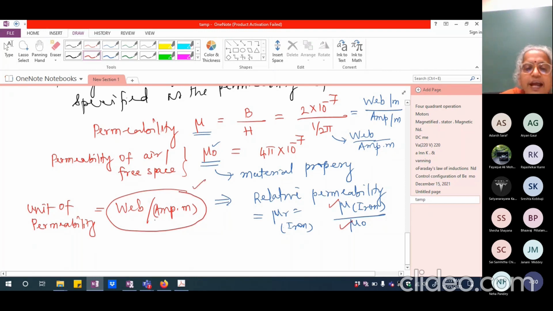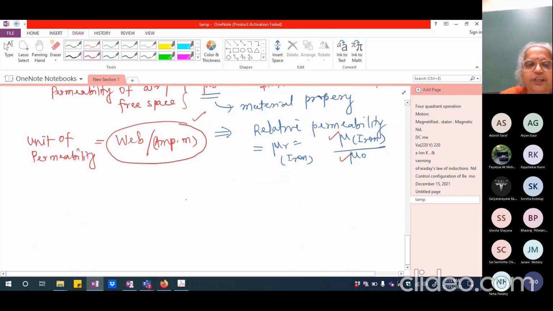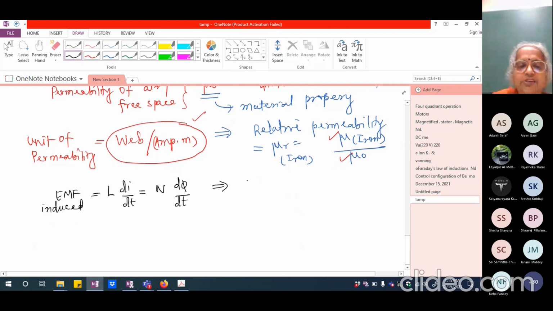We can also write this as Weber per ampere if you try to recall what we talked about inductance. We said L di by dt is also equal to N d phi by dt, which corresponds to the EMF induced in a coil. So I should be able to write L equal to N d phi divided by di, where phi is in Weber, and the number of turns N does not have any dimension.